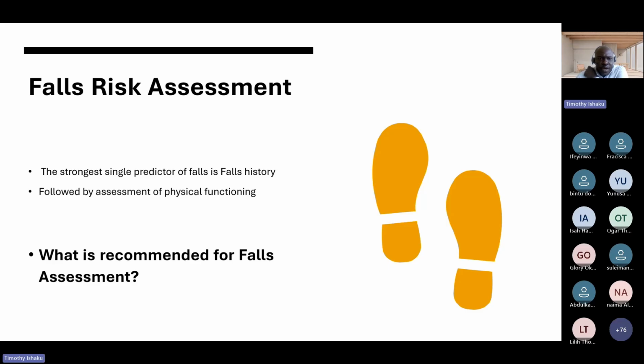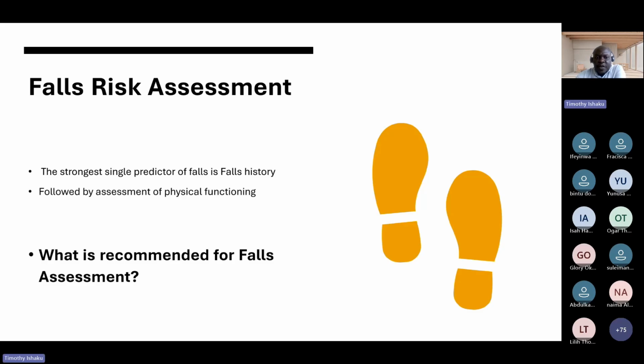So just a quick summary of that bit, just to highlight: the strongest predictor of falls is falls history. What it means is that once we establish that history of falls, it gives us a picture of whether the person will fall next time or not.